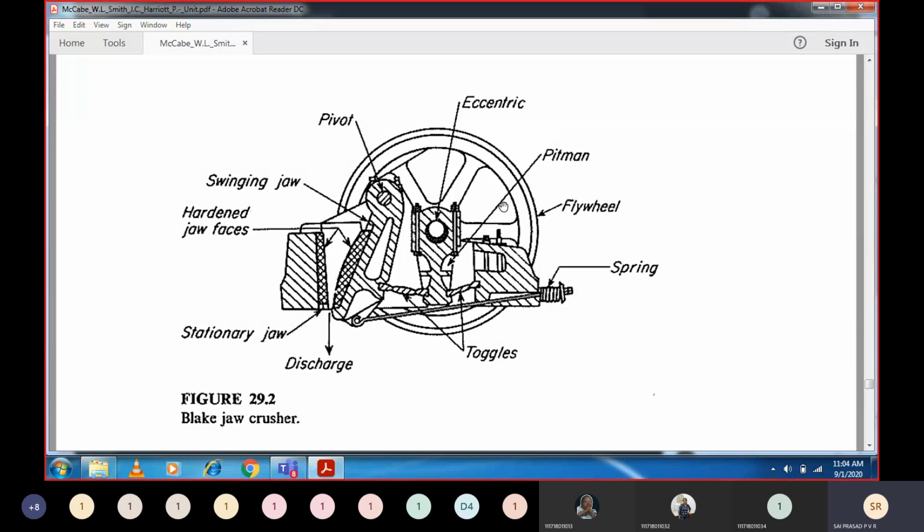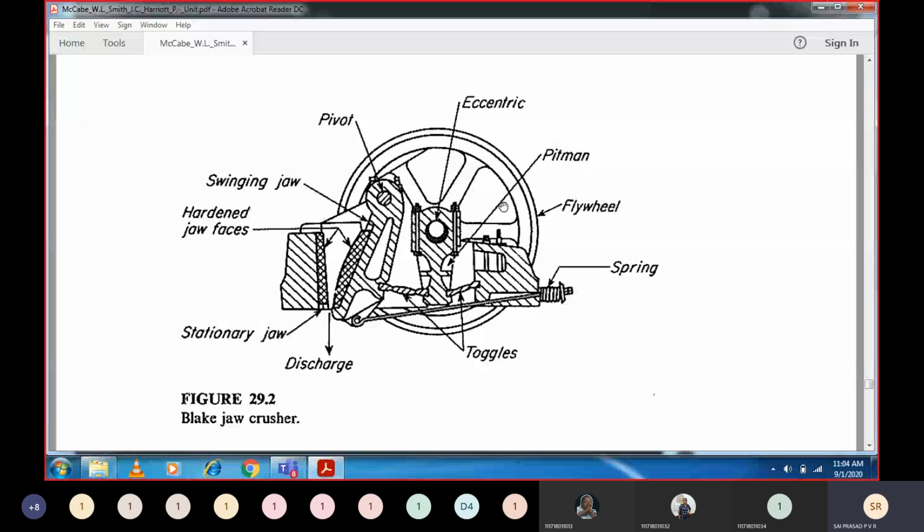Hence the design has become obsolete, and now all the jaw crushers will have only the Blake type, which accepts feed of constant sizes. Okay, and from there, after crushing is over, it will be falling from the bottom. So this is what we are supposed to understand from the Blake type of jaw crusher.